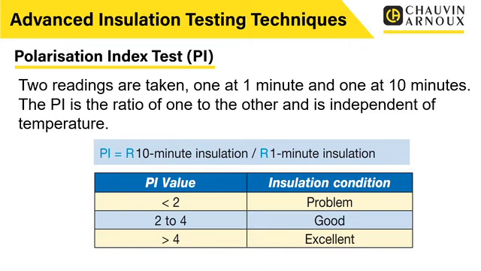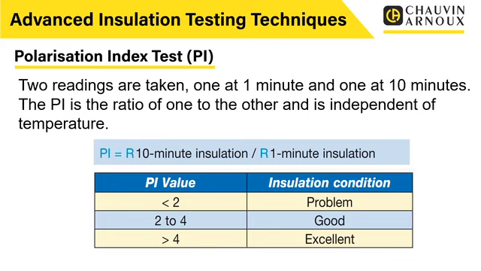You can apply these tests in multiple different ways to get an idea of the picture that's going on. So you could do a DAR test and a PI test and compare both values. These are quite reliable tests for checking the condition of the insulation. Generally, with our insulation resistance testers from Chauvin Arnoux, these are built in.